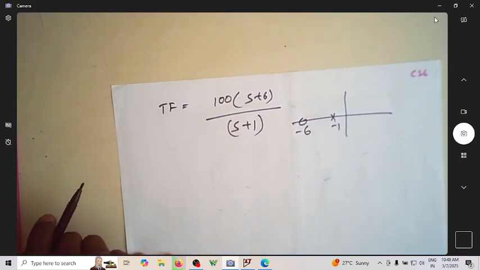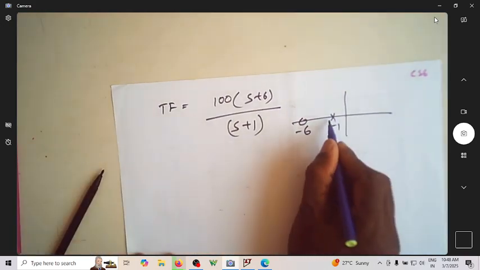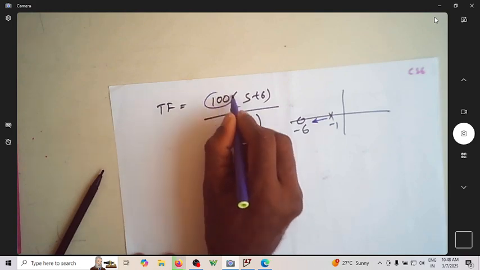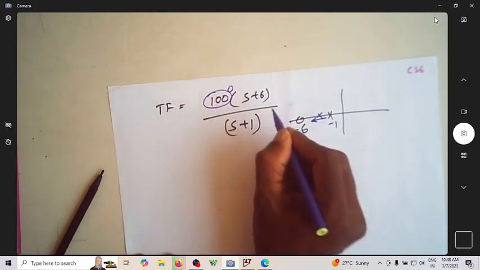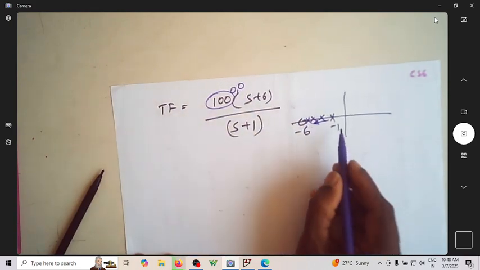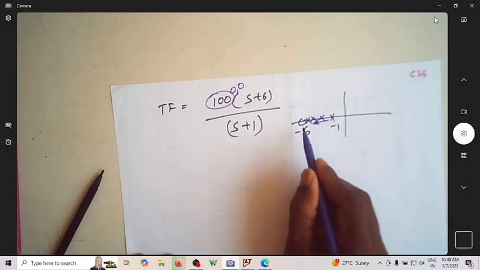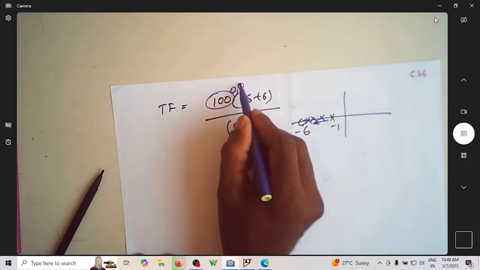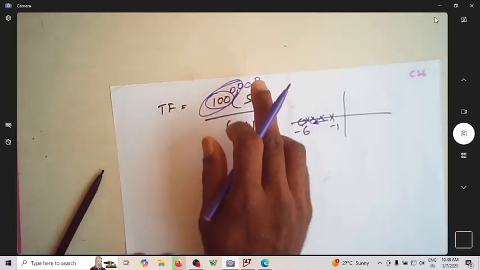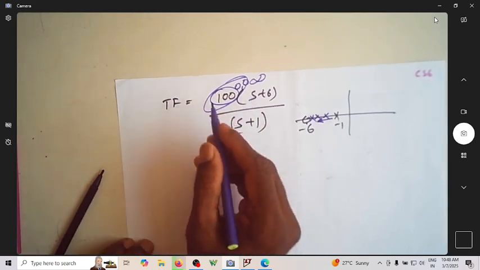Upon closure of the loop, what will happen? The pole will certainly come close to -6. When this gain is 100, it may be here. When it is 1000, it will come closer. When it is 10,000, it will come much closer. When is it exactly sitting at this point? When the gain is infinity, or very, very large.